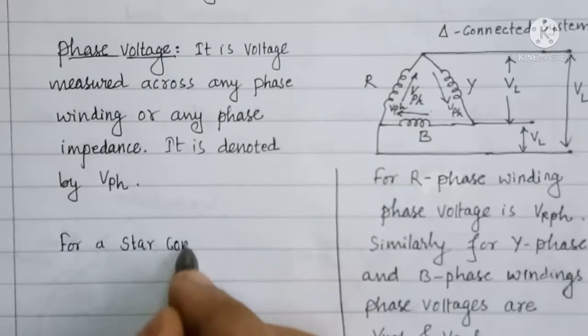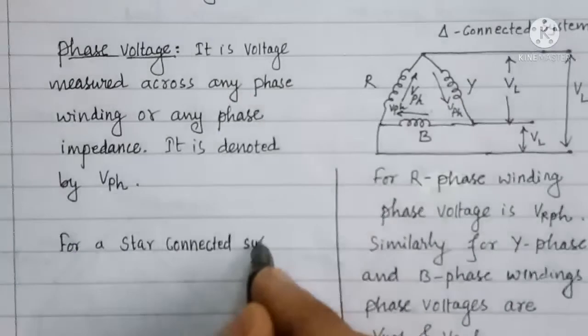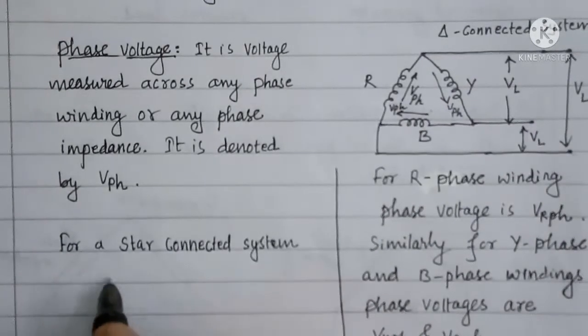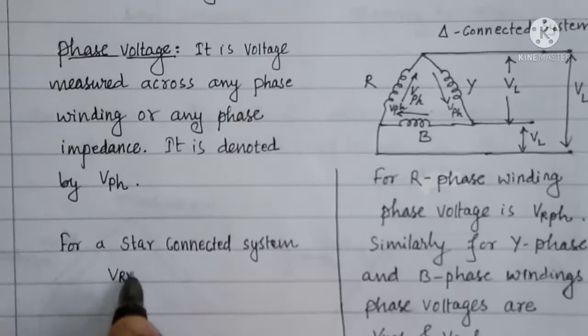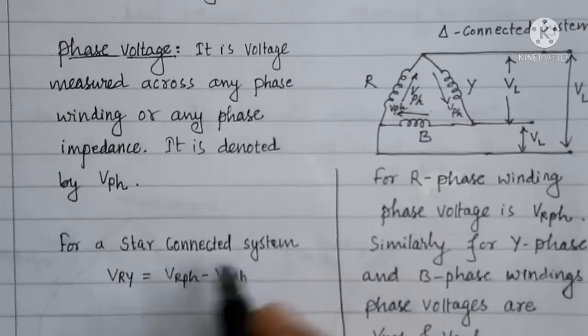For a star connected system, VRY equals VRPH minus VYPH, and this is phasor difference here.